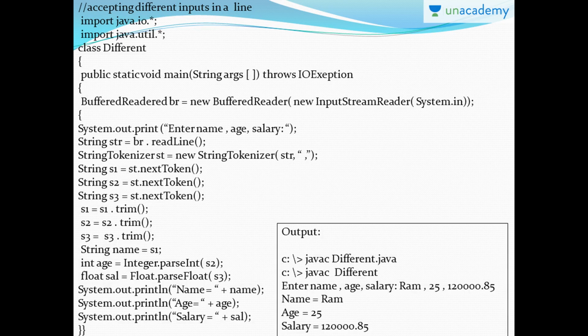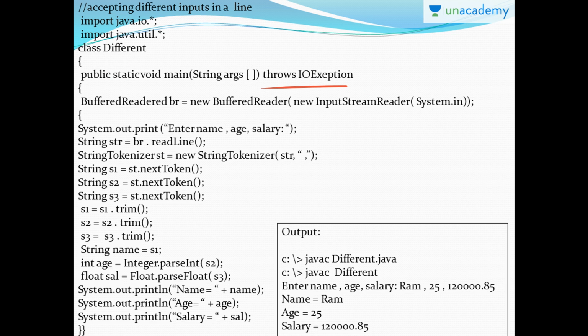If I put that into a program, don't worry that the program looks so big and lengthy. This is a comment section we write, for accepting different inputs in a line. This is the package, the input output package I'm using, and the utility package. Then the class, which you have to define for every Java program, and public static void main, and throws IOException.